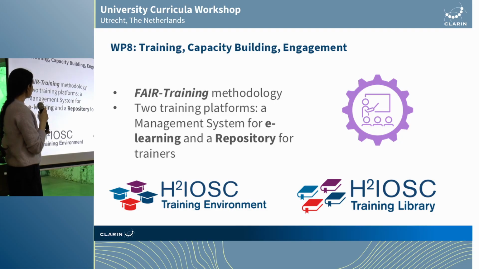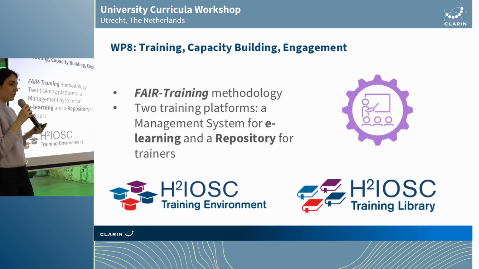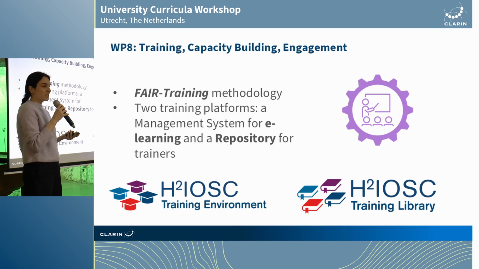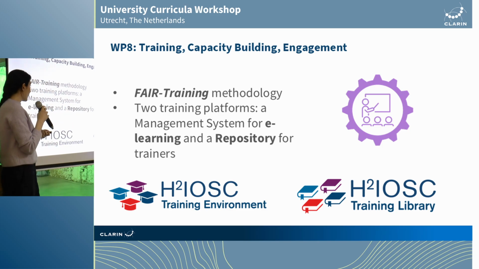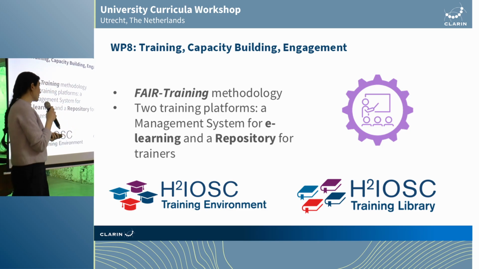And basically, this work package was about training. So the main output was creating a FAIR by design training methodology so that we can adapt old courses and also create new ones, especially about services created within the federation. And also we created two platforms, which I will show you in a minute.